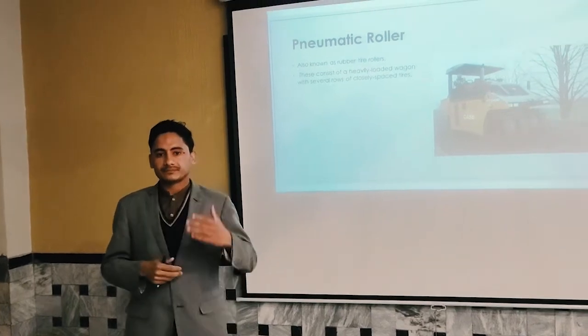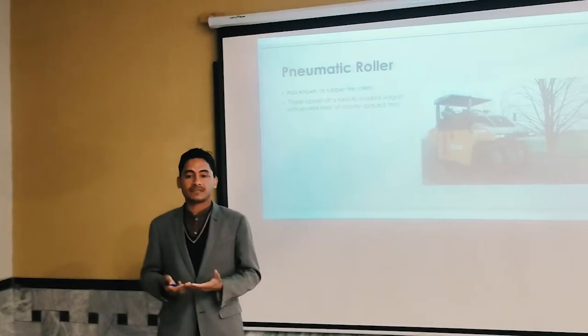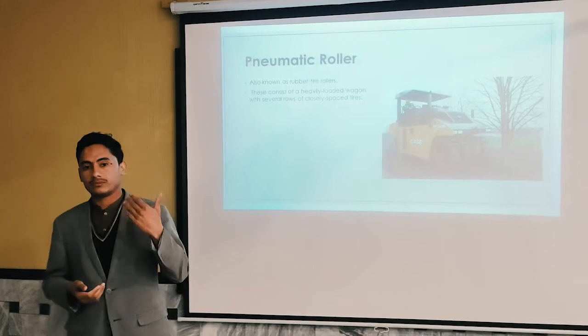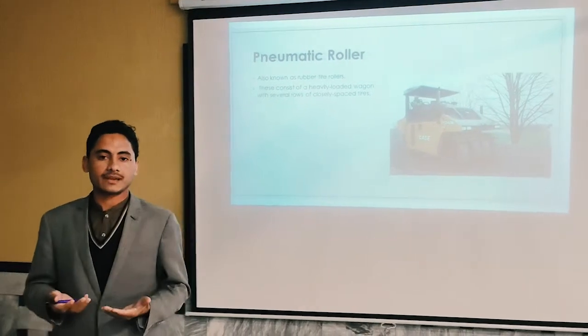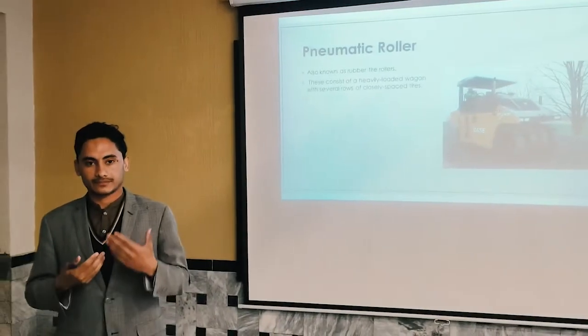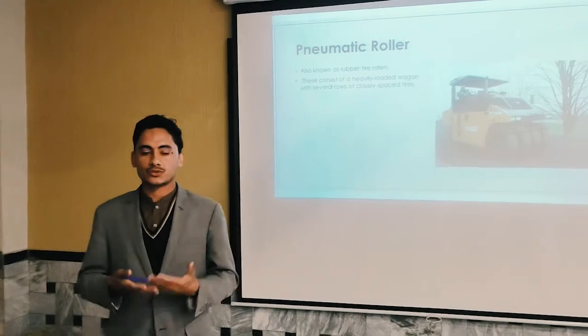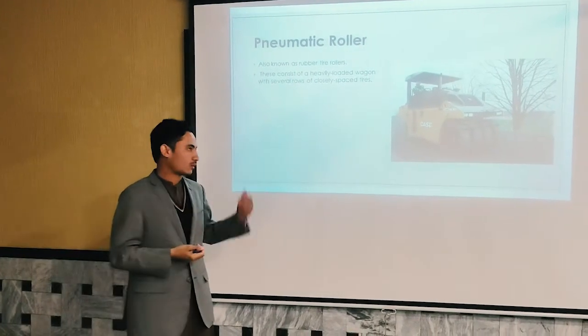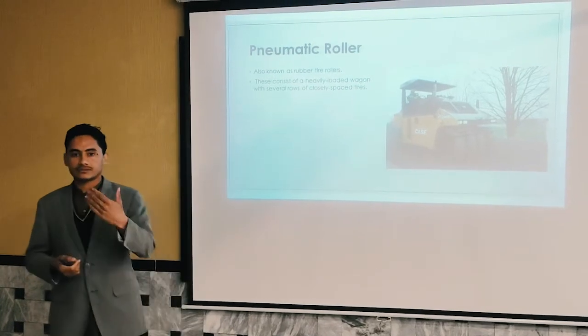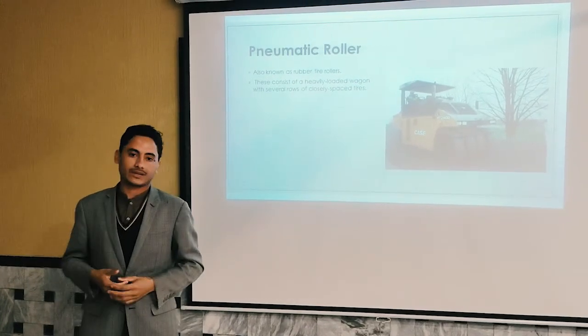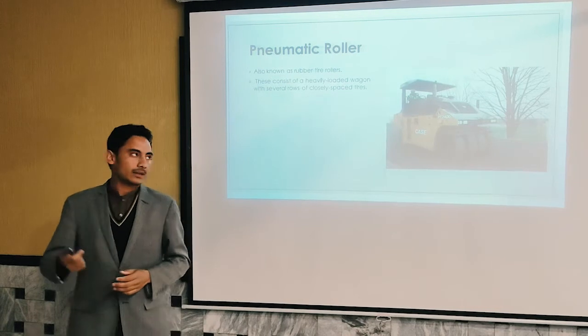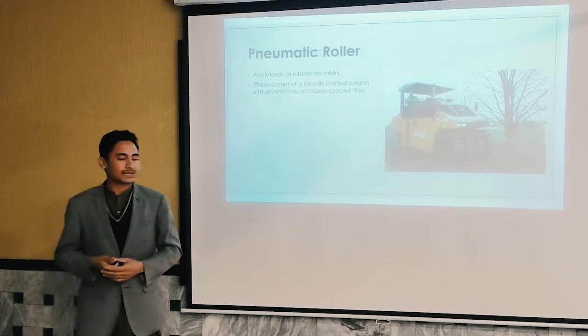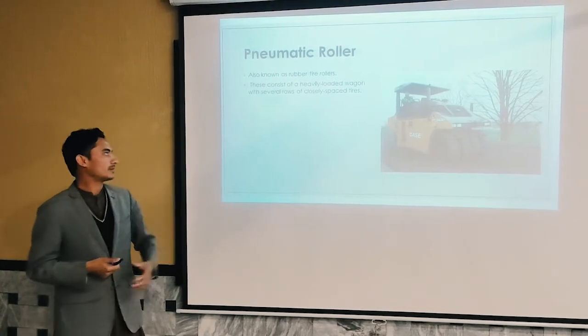On behalf of this, there are a few types of compaction equipment which we use in the field. Number one is the roller, which was described by my colleague Tariq, and number two is the pneumatic roller.